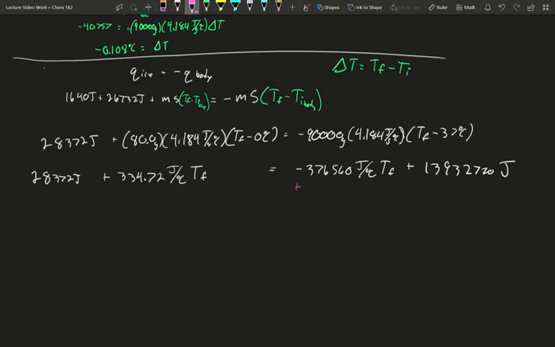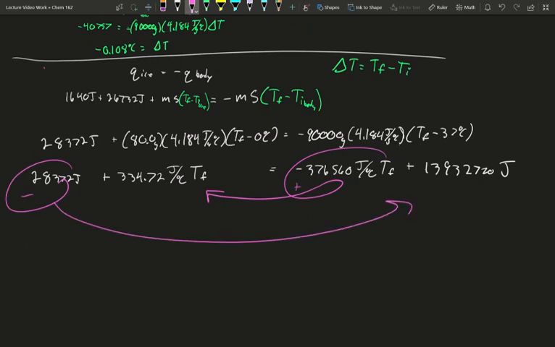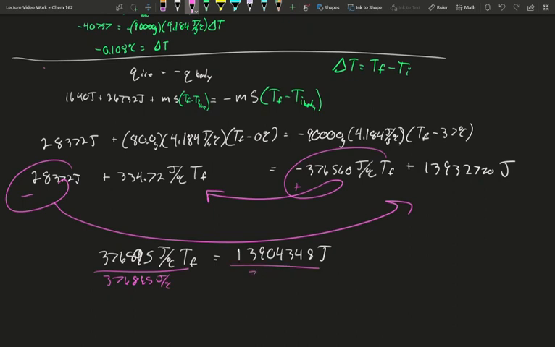Let's move things to other sides. So I'm going to add this to move it to the other side. I'm going to subtract that to move it over there. 376,895 joules per degree Celsius TF is equal to 139,043.48 joules. Now I can divide this on both sides, 376,895 joules per degree Celsius, divided by 376,895 joules per degree Celsius.